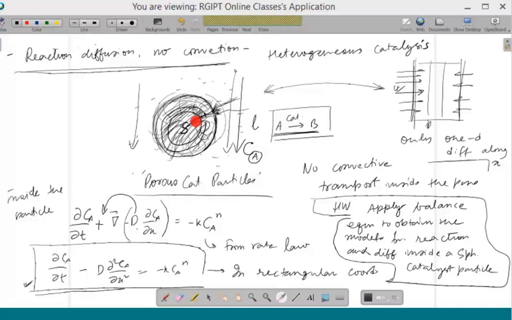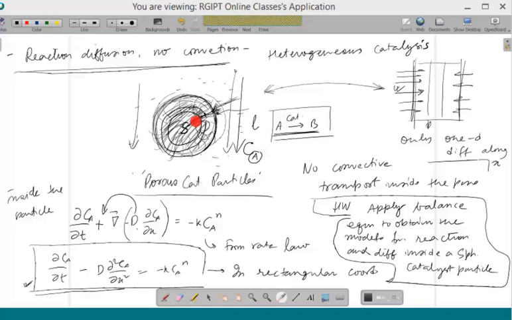So for reaction diffusion in a catalyst, that would be D d squared CA by dx squared equals k CA.